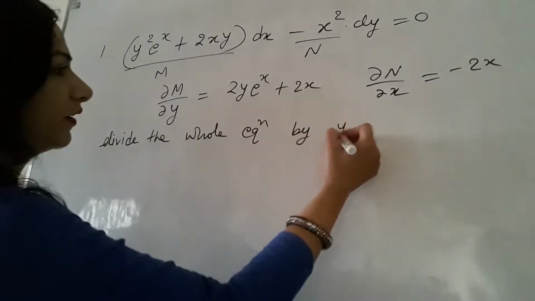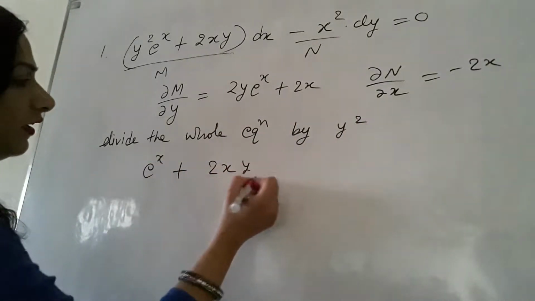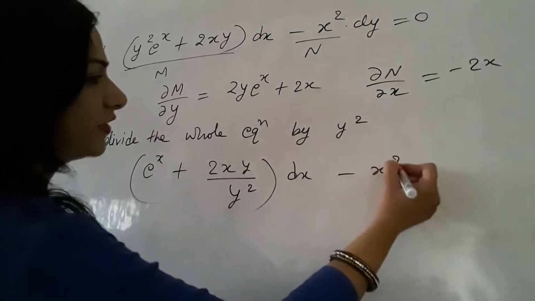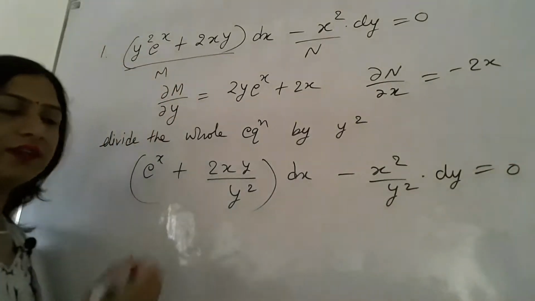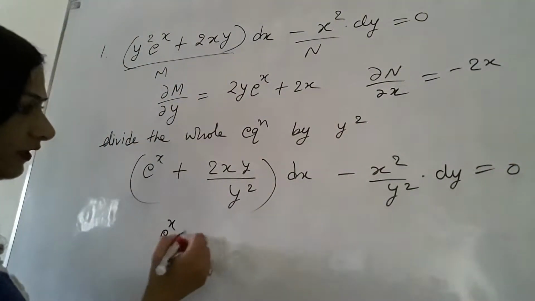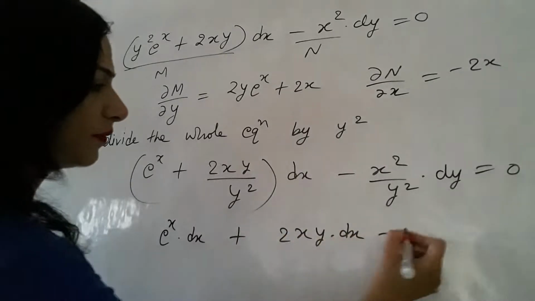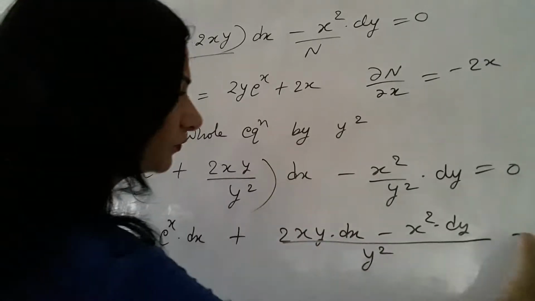by y square. We get e to the power x plus 2xy upon y square minus x square upon y square into dy. We can rearrange it as e to the power x dx plus 2xy into dx minus x square into dy upon y square.